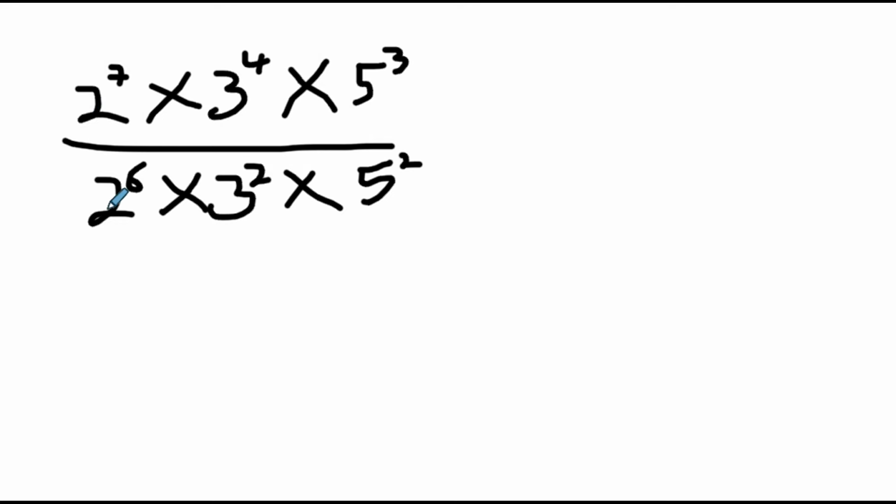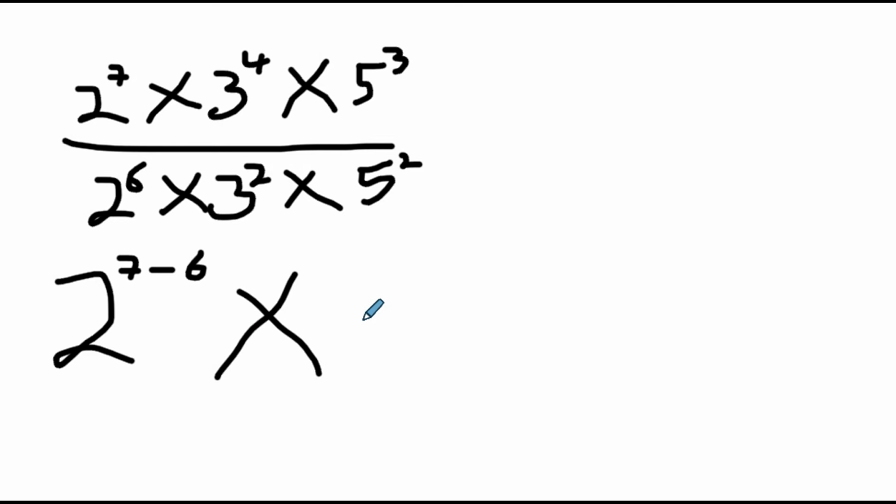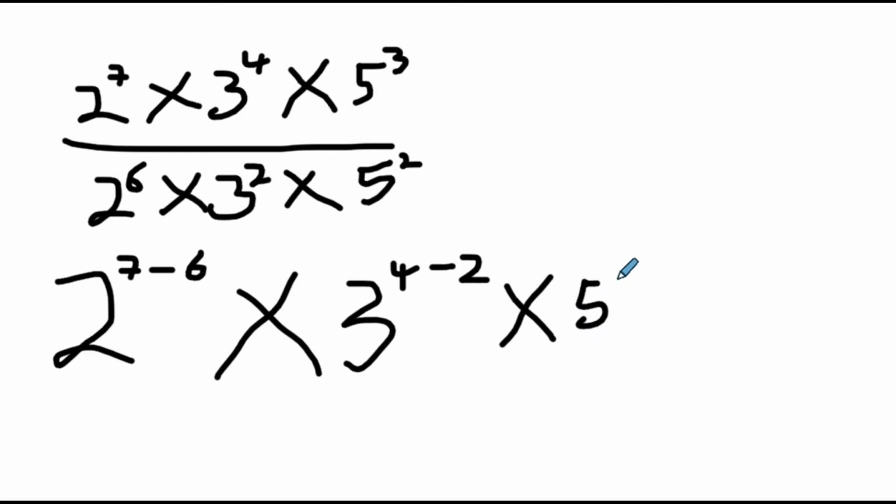In the base of 2, we have 2 to the 7 minus 6, times 3 to the 4 minus 2, times 5 to the 3 minus 2.